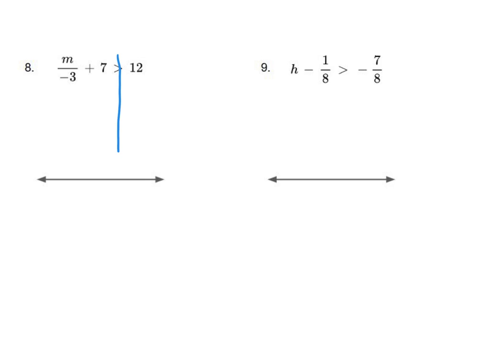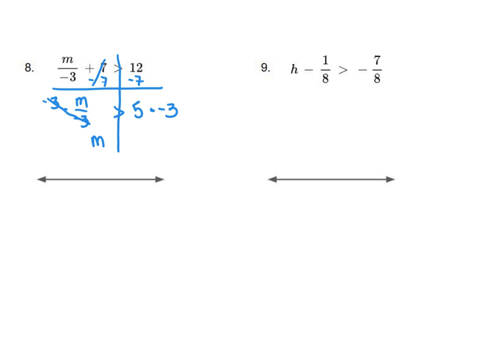We undo, add, and subtract first, so we're going to take away 7 from both sides, and we're left with m over -3, and on the right side we're left with 5. Now we're going to multiply by -3 on both sides. -3 over -3 cancels because that's just 1, so we have m.